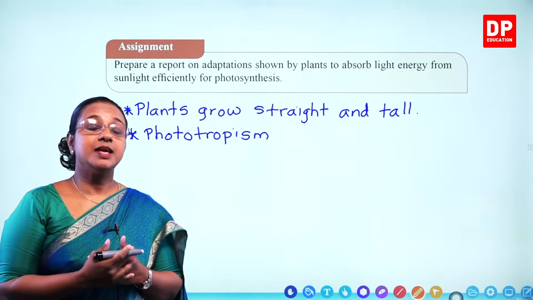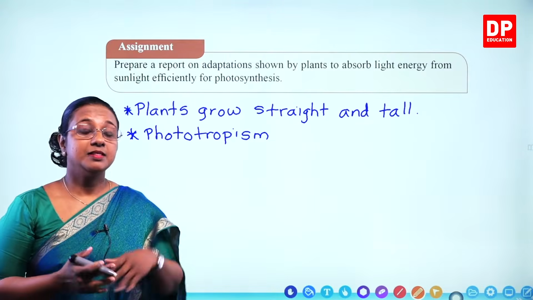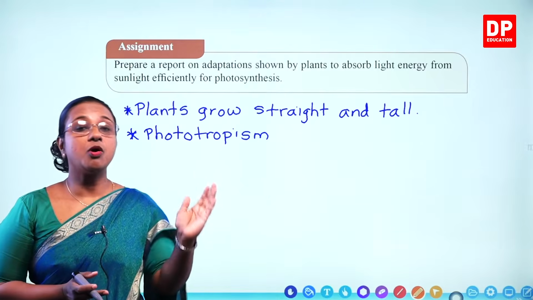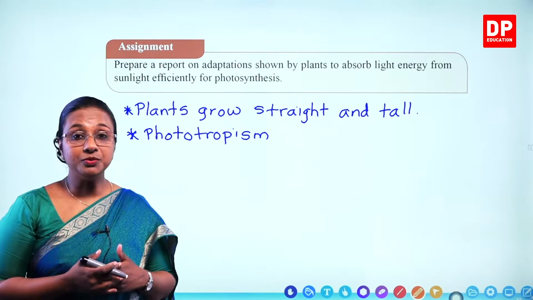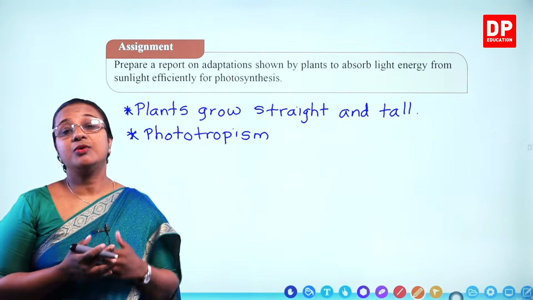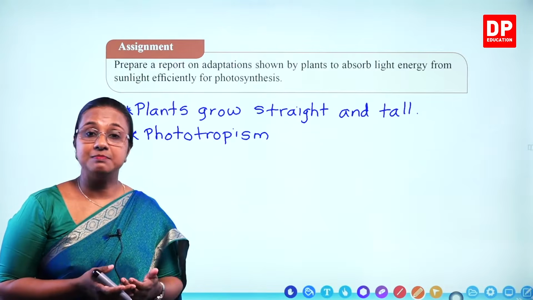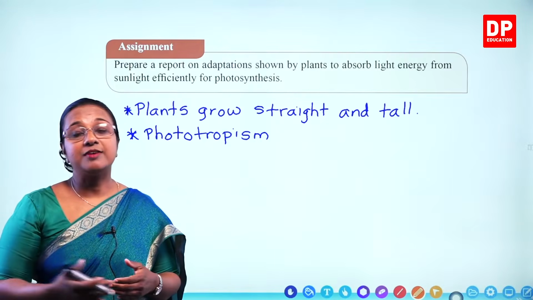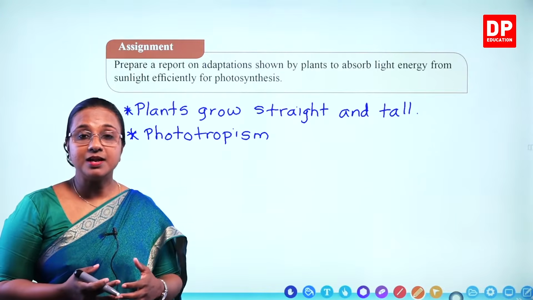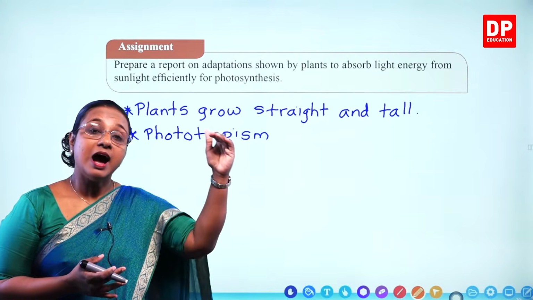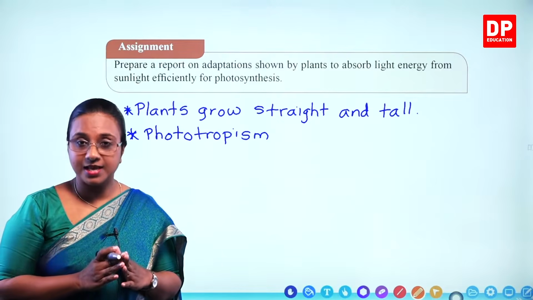If the plant stem is not strong enough, if they have a weak stem, then they can't grow straight or they can't bend towards the sunlight. Then what do they do? They grow around a substrate. For example, the climbers. And you have seen the epiphytes, certain plants that grow on a higher surface just to get enough sunlight.